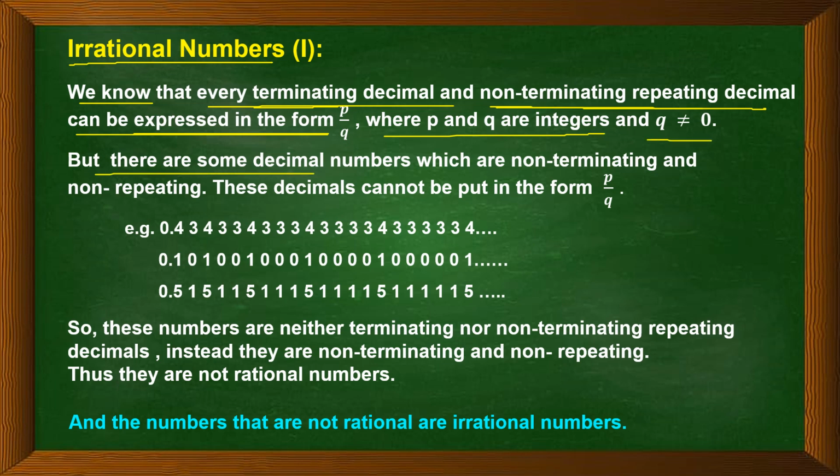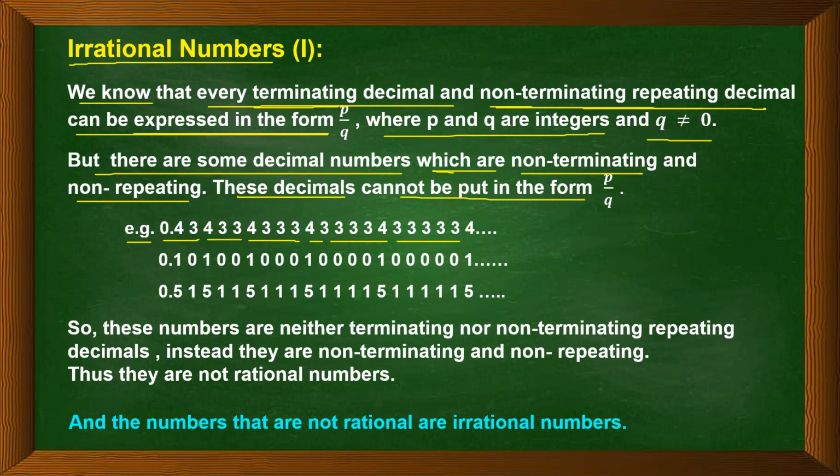But there are some decimal numbers which are non-terminating and non-repeating. That means they will not terminate and they will not repeat. These decimals cannot be put in the form of P by Q. So such decimal numbers you can have like 0.43, 433, 4333, where 3 is 4 times, then again 3 is 5 times.